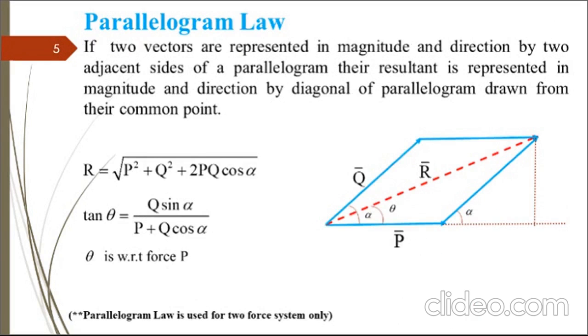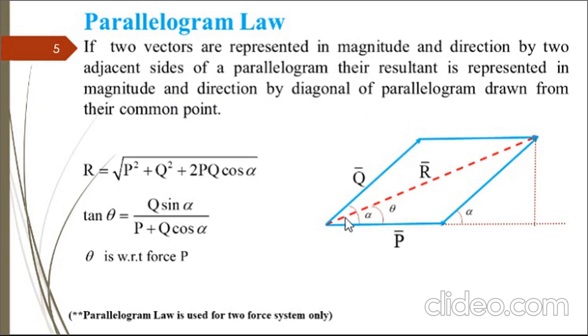Then the second method to determine the resultant is parallelogram law. It says that if two vectors are represented in magnitude and direction by two adjacent sides of a parallelogram, it means, for example, if you are considering over here, this is P and this one is Q. So if these two P and Q are representing two adjacent sides of this parallelogram, then their resultant is represented in magnitude and direction by the diagonal.